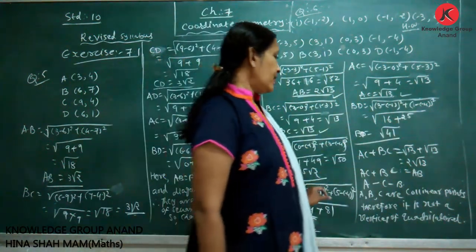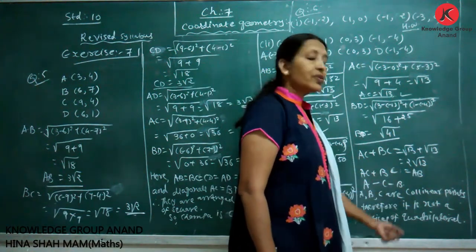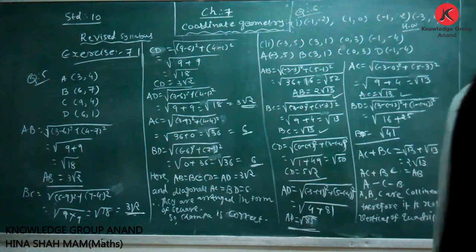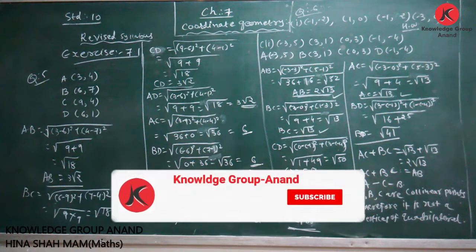Since A, B, C are collinear, it is not a quadrilateral. Now, number 3 of question number 6.